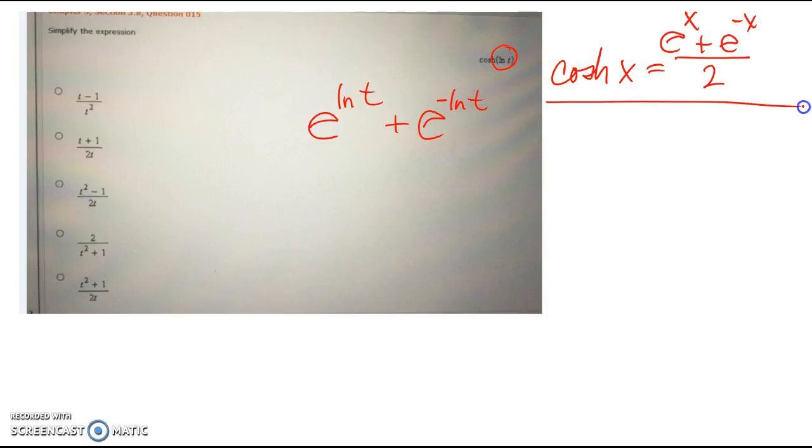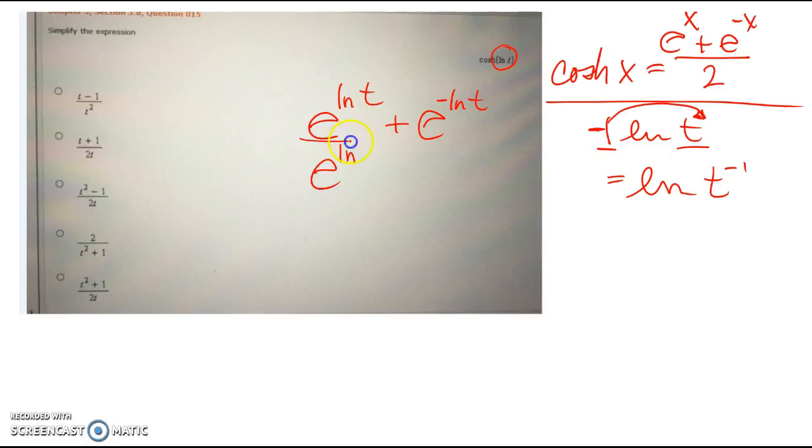Well, there's a few things to remind you about. First of all, when you have logs, in this case we have a negative 1 in front of that natural log of t. That coefficient can actually be moved up to be an exponent on the t. So negative 1 natural log of t is the same as the natural log of t to the minus 1. Okay? E to the, whoops, I forgot to put over 2.